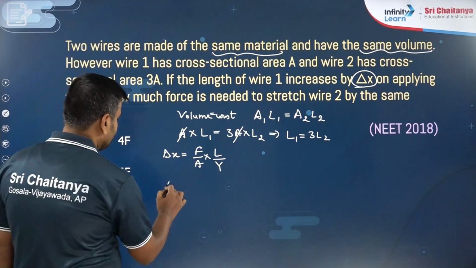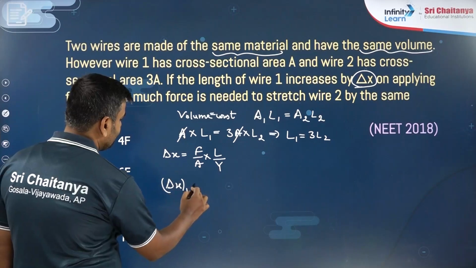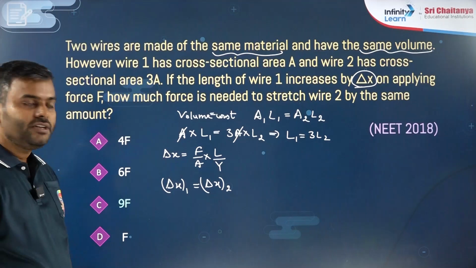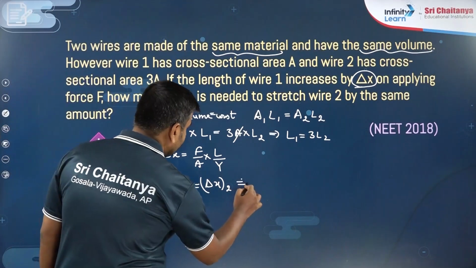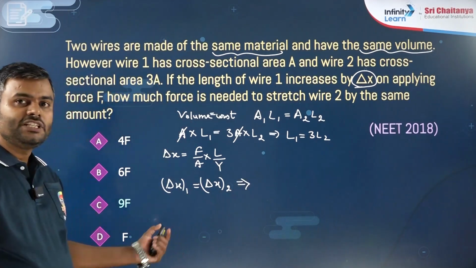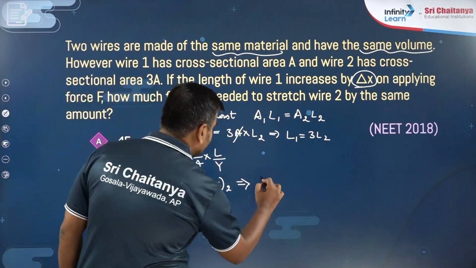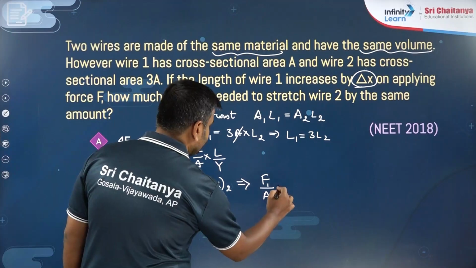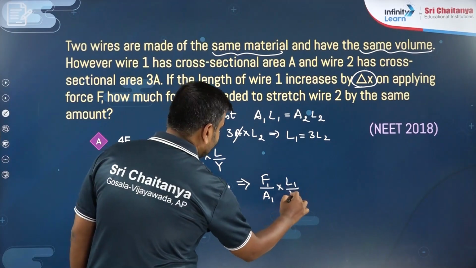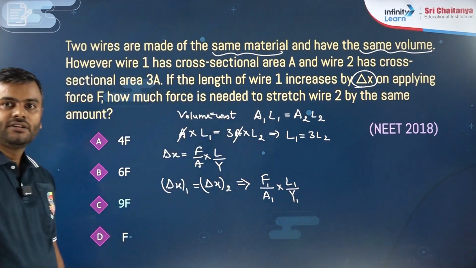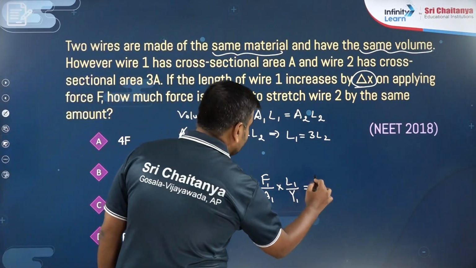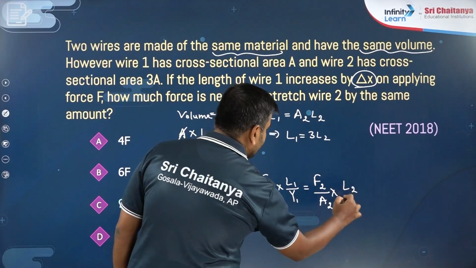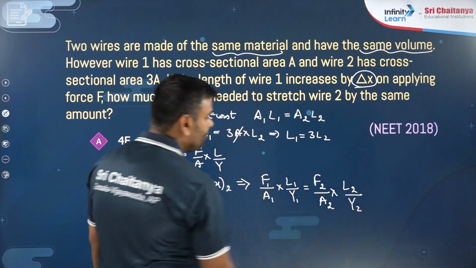So we are going to equate. Delta x for the first is equal to delta x for the second. Now if we substitute these values, it will be F1 divided by A1 into L1 divided by Y1, which will be equal to F2 divided by A2 into L2 divided by Y2.